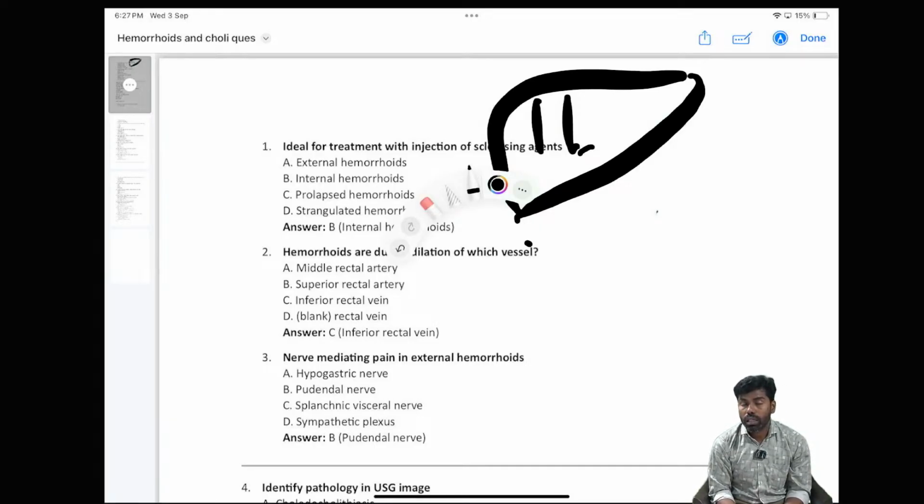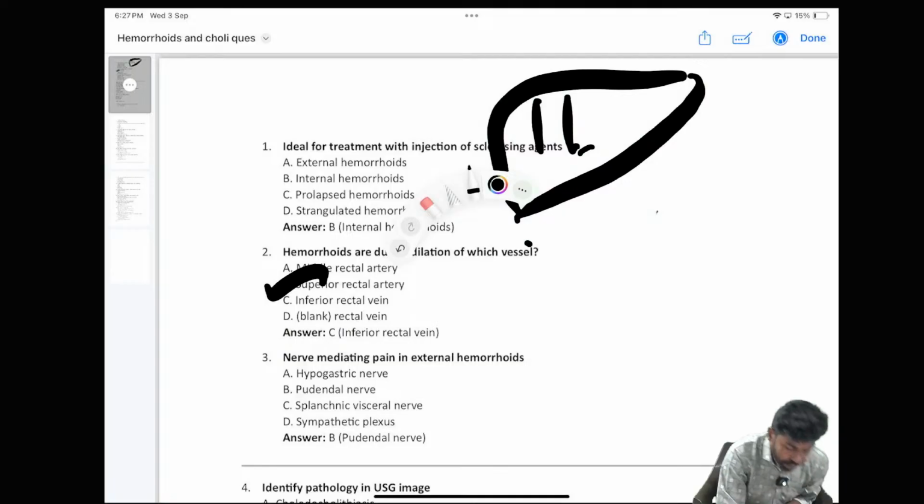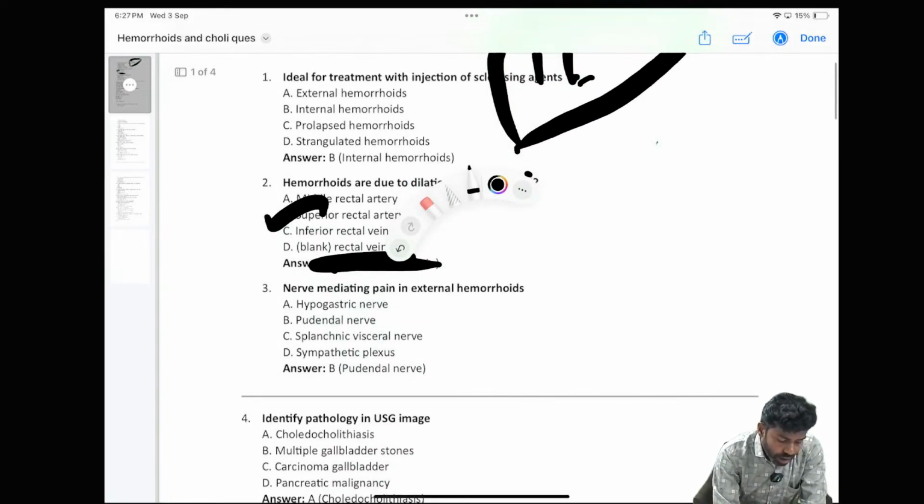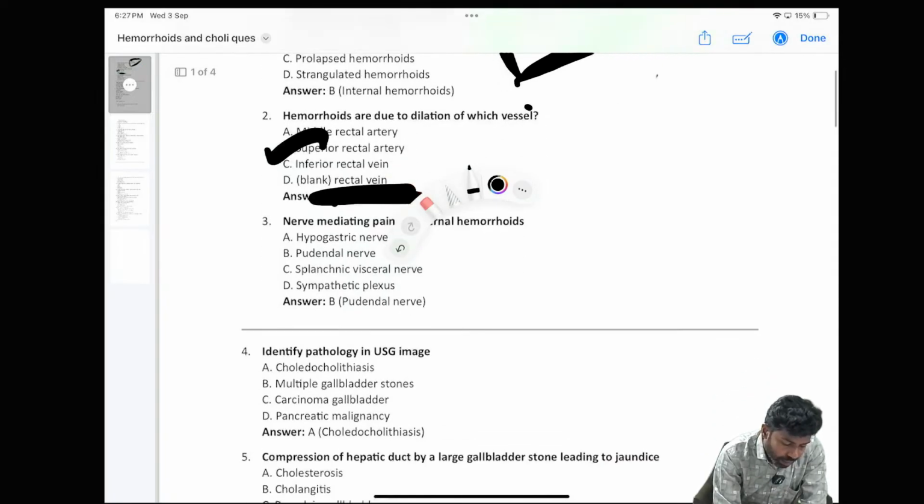Internal hemorrhoids are the superior rectal plexus. External hemorrhoids, external plexus. So superior or internal rectal plexus. The internal rectal plexus is formed by the superior rectal artery. So superior rectal artery. Then, no mediating pain in the external hemorrhoids.